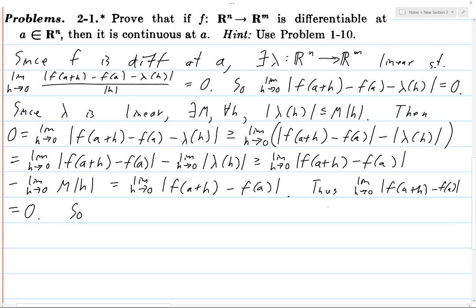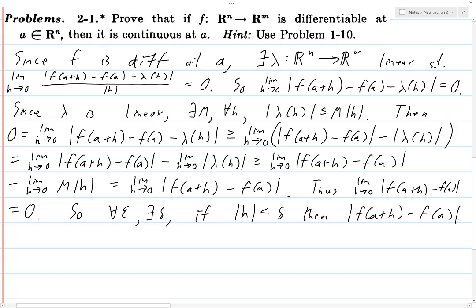Okay, so if this limit exists, for all epsilon there exists a delta, such that if the norm of h is less than delta, then the norm of f of a plus h minus f of a is less than epsilon.